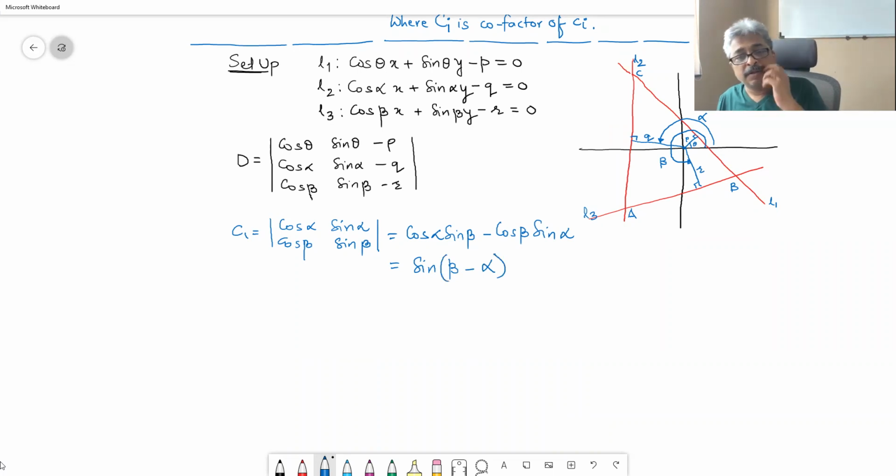Is that correct? Is this sin(beta minus alpha)?